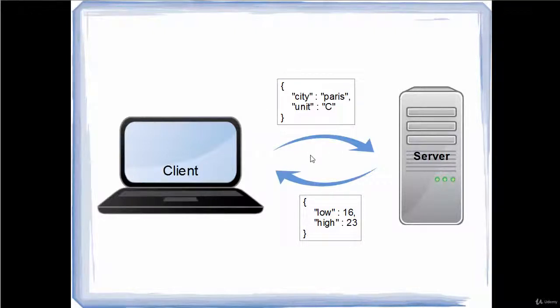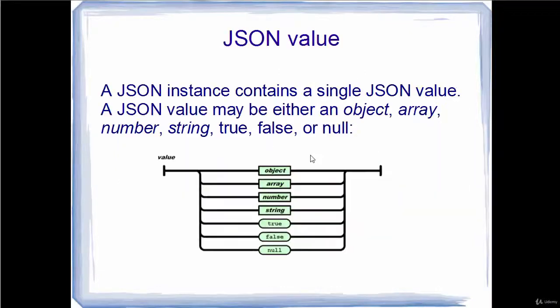Now the question arises, which kind of data can you send using JSON, right? So let's see what values you can use to send data. In JSON, you can send data in the form of these data types which are there in this picture.